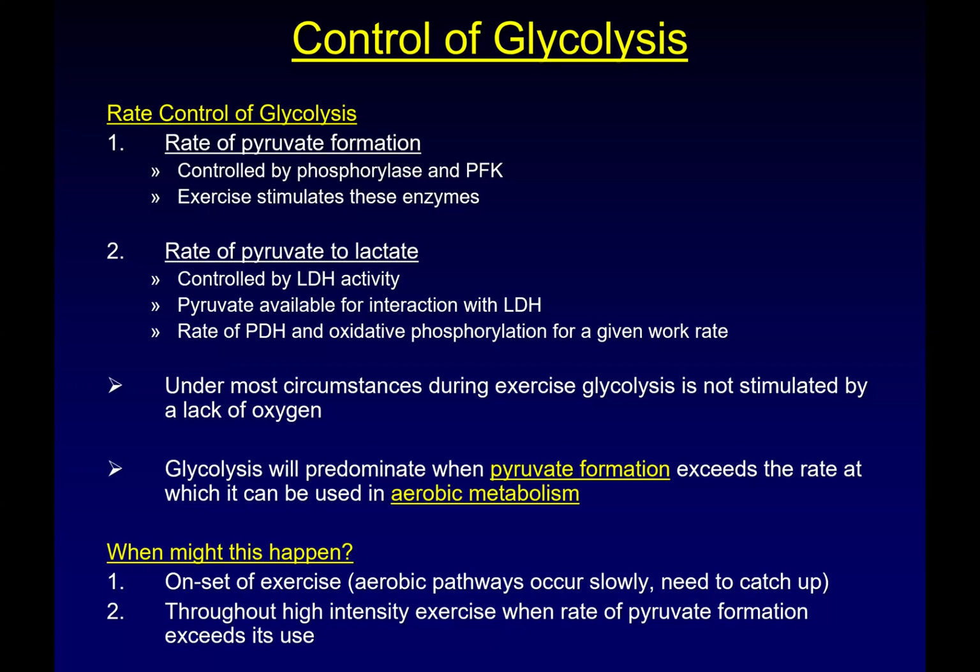And the real instance is when it tends to predominate is at very high levels of intensity. We make so much pyruvate that we're going to have to make some lactic acid. There's so much getting dumped in from glycogen and the breakdown. There's lots and lots of pyruvate, so more of it's going to go that way. And then the problem is you make hydrogen, hydrogen inhibits everything, and the whole deal gets shut down.